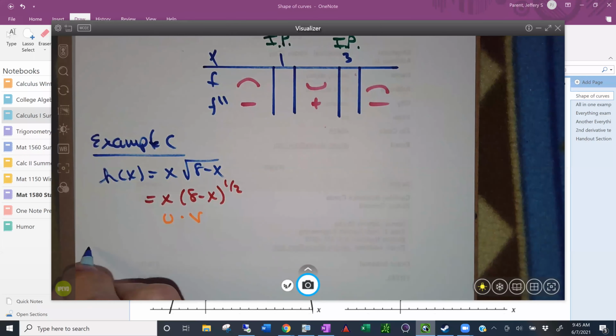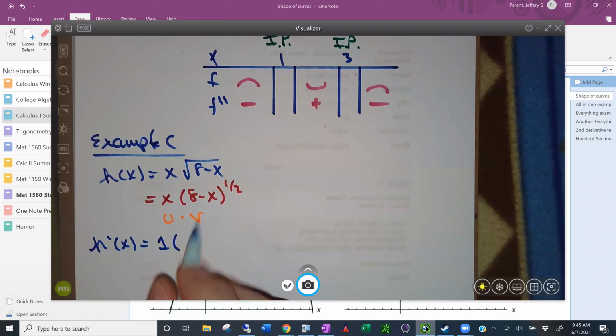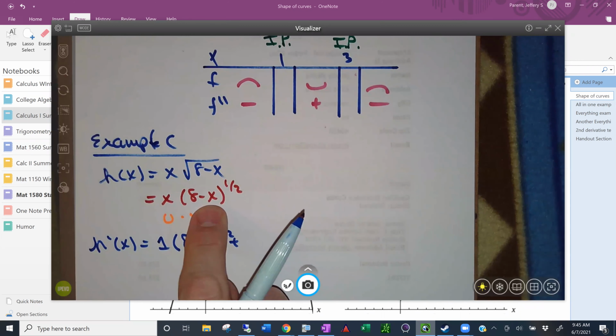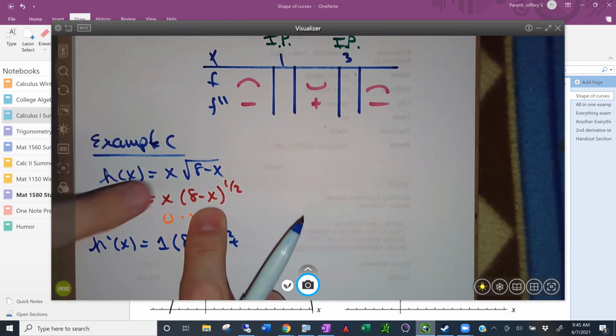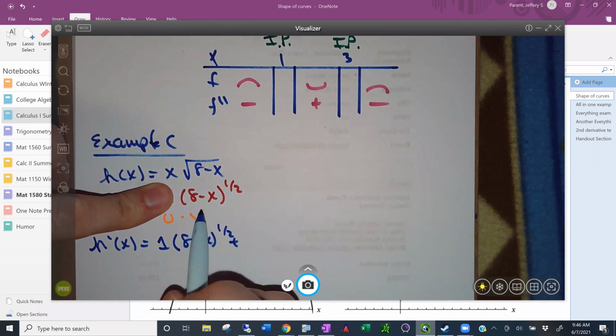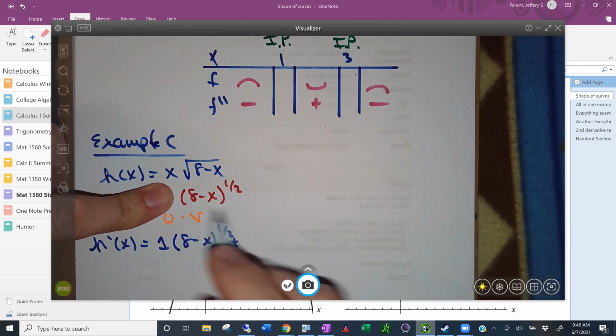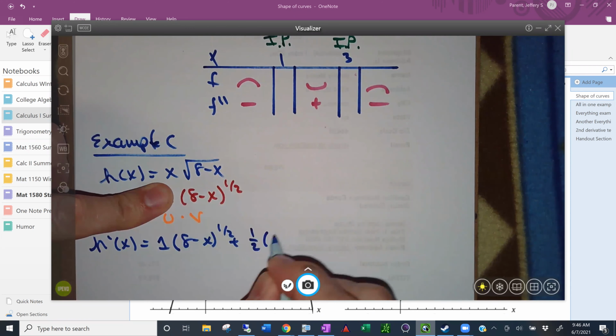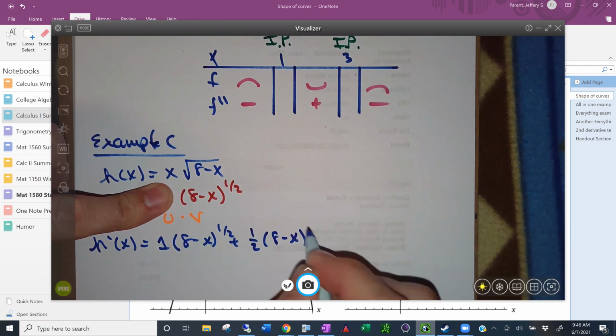So h prime of x is going to be u prime, which is 1, times 8 minus x to the 1/2 plus v prime. Let's stop and think together what v prime is going to involve. It's going to be the derivative of this term. So it's going to be 1/2 times 8 minus x.